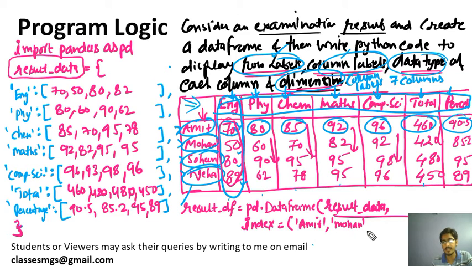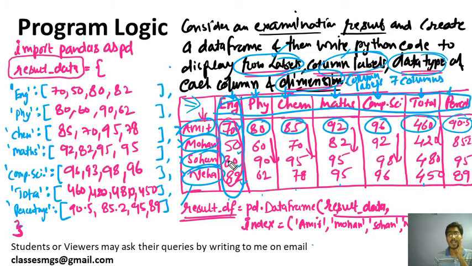Those will become row labels. Whatever you want as row labels, pass in this data frame method as index equals to, and close it, and this will create the data frame. So this is the logic.